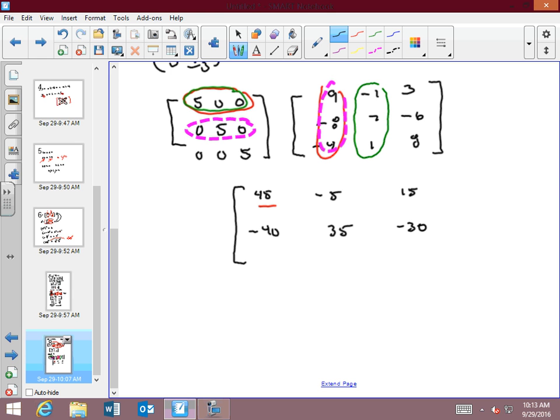And now the last one, I think that was 4, isn't it? This is a minus 4, so it's 5 times a minus 4, which is a minus 20, 5, and 40.